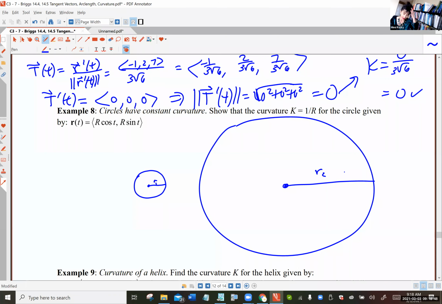The question I have for you is, which one of these circles do you think is curvier than the other, or do you think they have equal curvature? Can we tell just by looking at it? Well, this might help you.